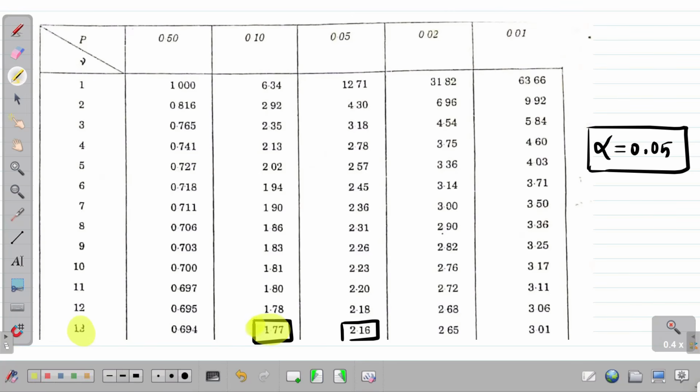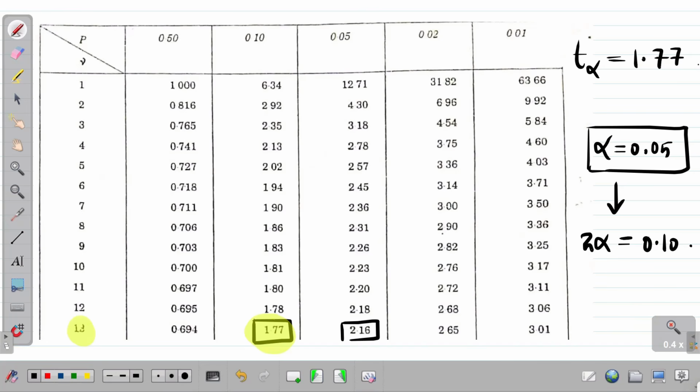This is correct in the case of a one-tail test. So instead of seeing for alpha, we have to find the value for 2 alpha, that is 0.10. So t alpha value is 1.77.